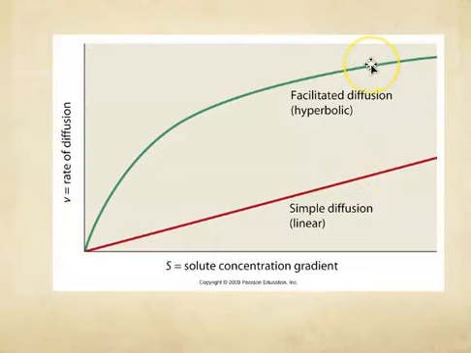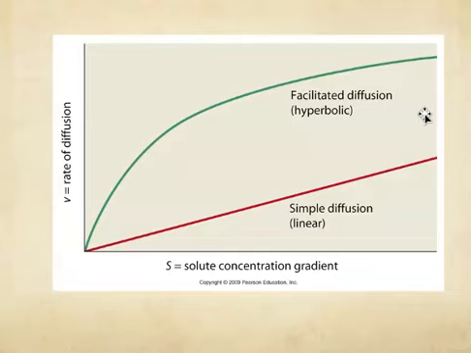The reason that facilitated diffusion hits a maximum rate, a plateau, is because all of the proteins that are being used for the facilitated diffusion are full at the same time. If you're talking about a channel protein, all of the channels are busy at the same time.